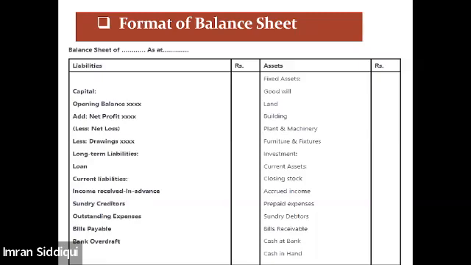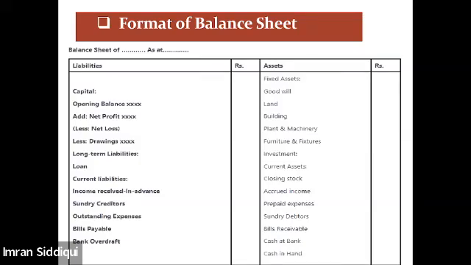Then we will add the amount of net profit that we have got. Understand that whatever net profit we get in the P&L account, we transfer to the balance sheet and add it to the amount of capital. If there is any loss, then such loss needs to be subtracted. And if we have any drawings, such drawings also need to be subtracted.